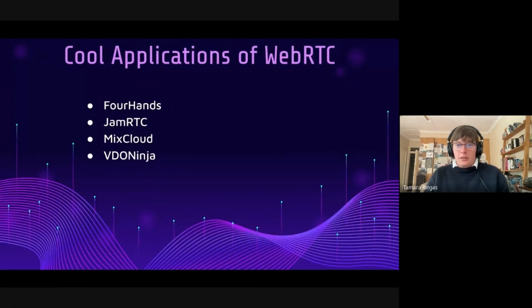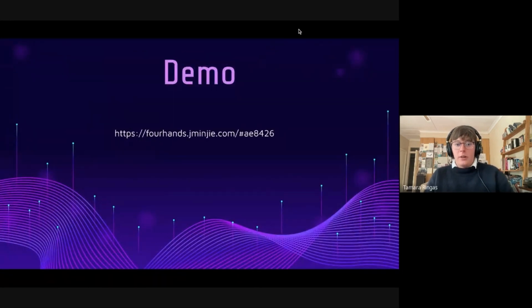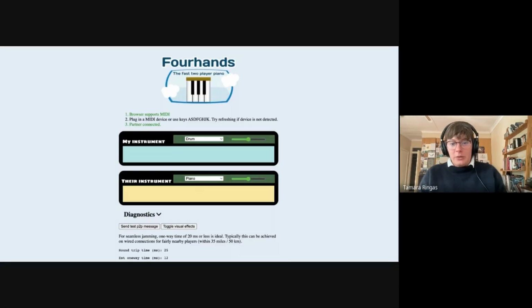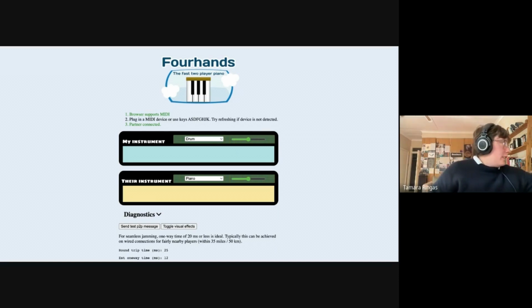We'll show a demo now of Four Hands, a tool by George Liu. He's a music technologist in San Francisco, and this is a MIDI device player. So I have my MIDI keyboard here that I'm going to plug in quickly.